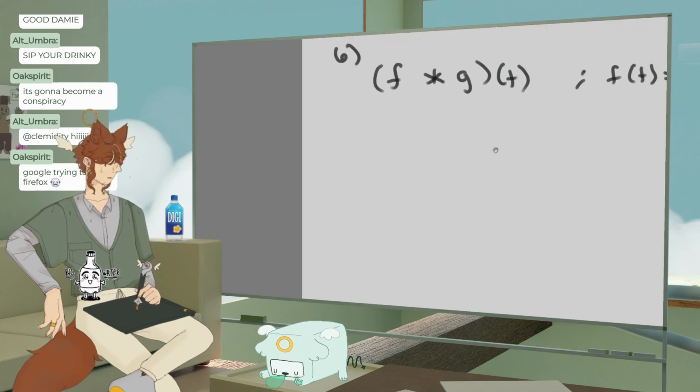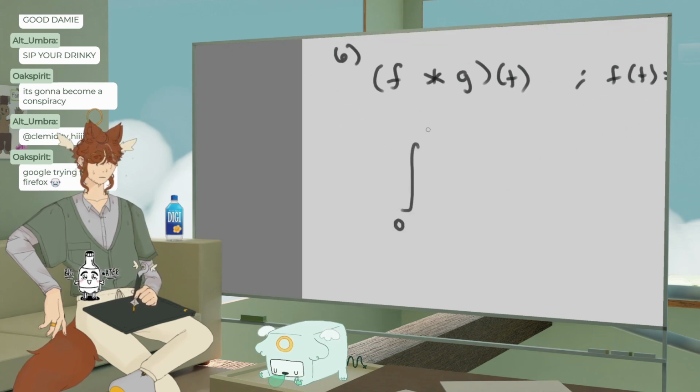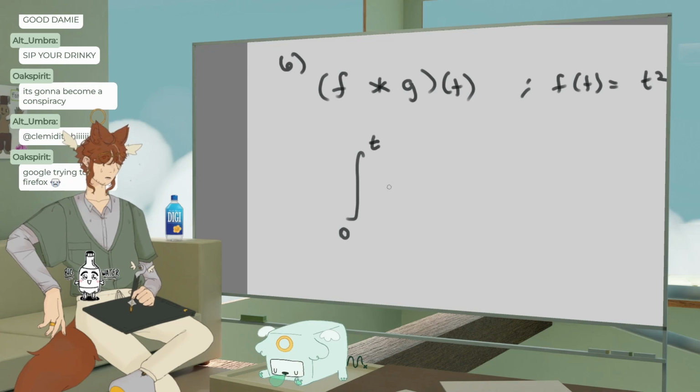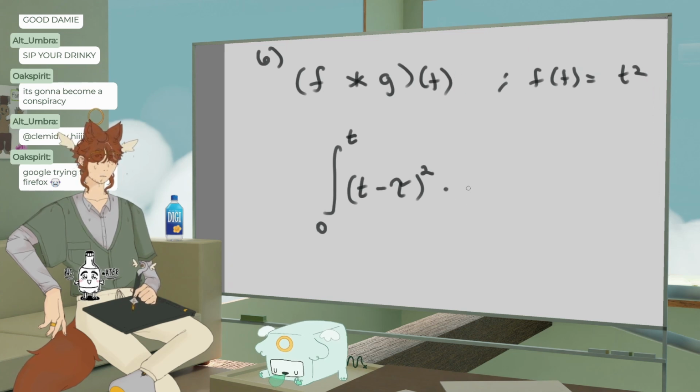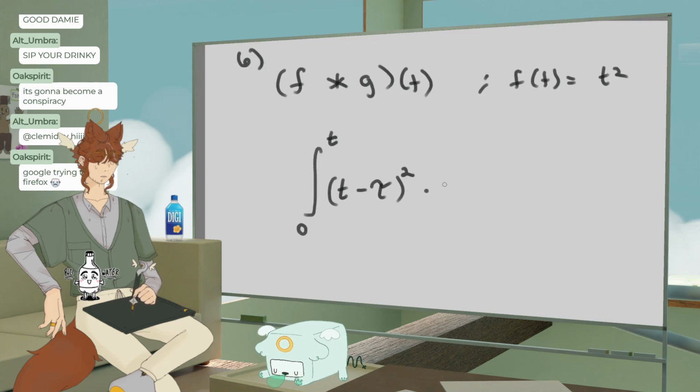Our general form for the convolution is the integral from 0 to t of f of t minus tau, t minus tau squared, times tau cubed, d tau.